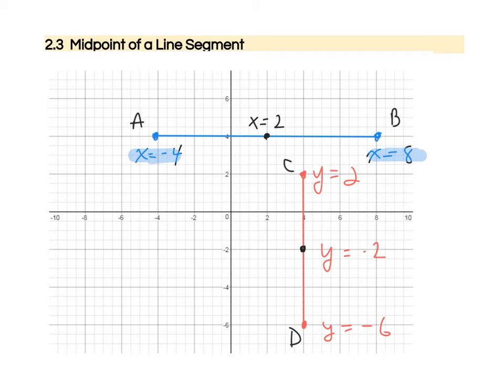So now, doing this with vertical and horizontal lines is fairly straightforward, but we're likely going to see scenarios where the lines are not going to be horizontal or vertical. So we need to have a better strategy to enable us to figure these types of problems out. So that's what we're going to be looking at today.